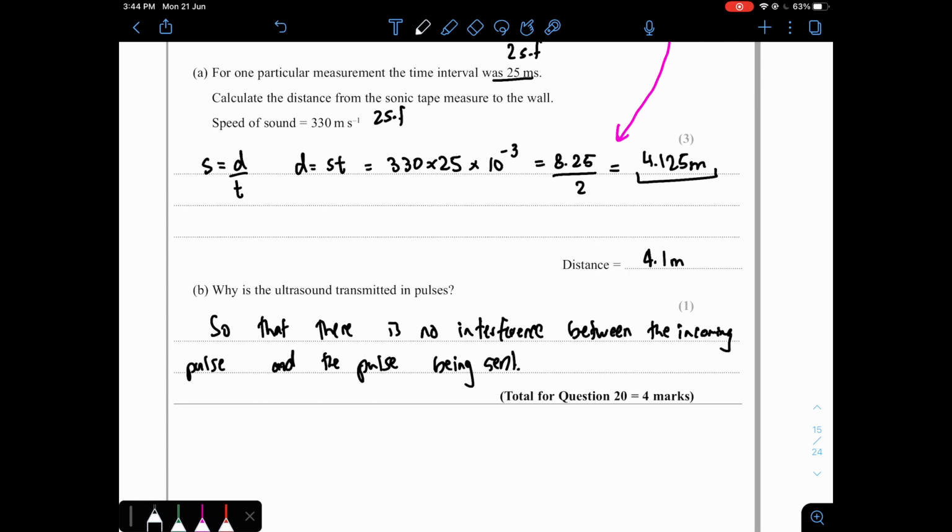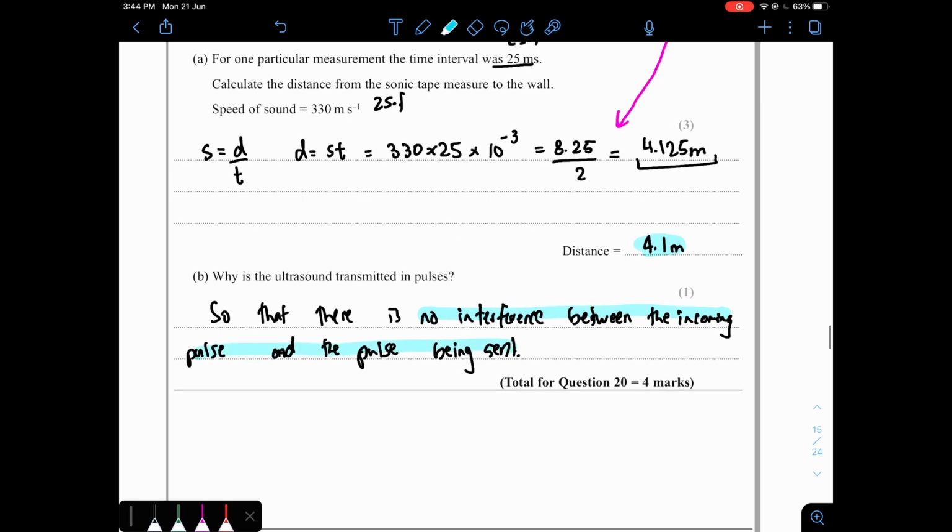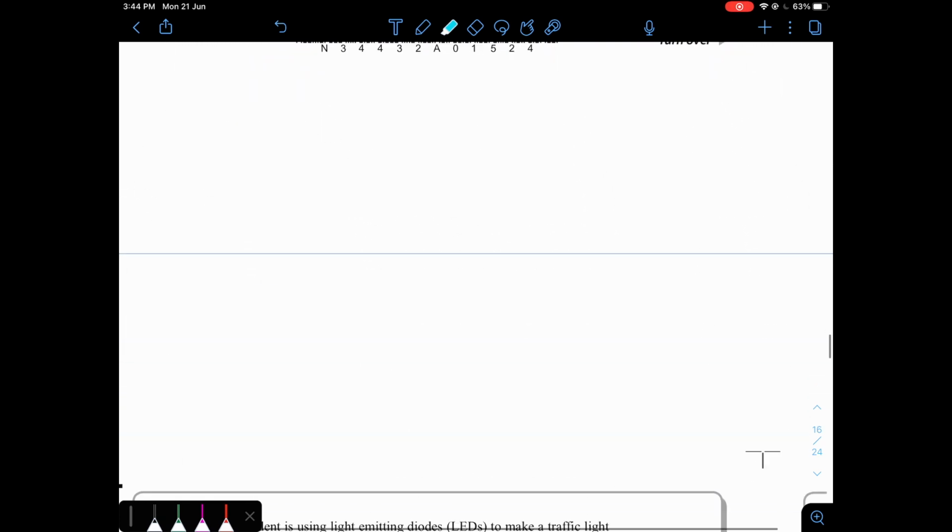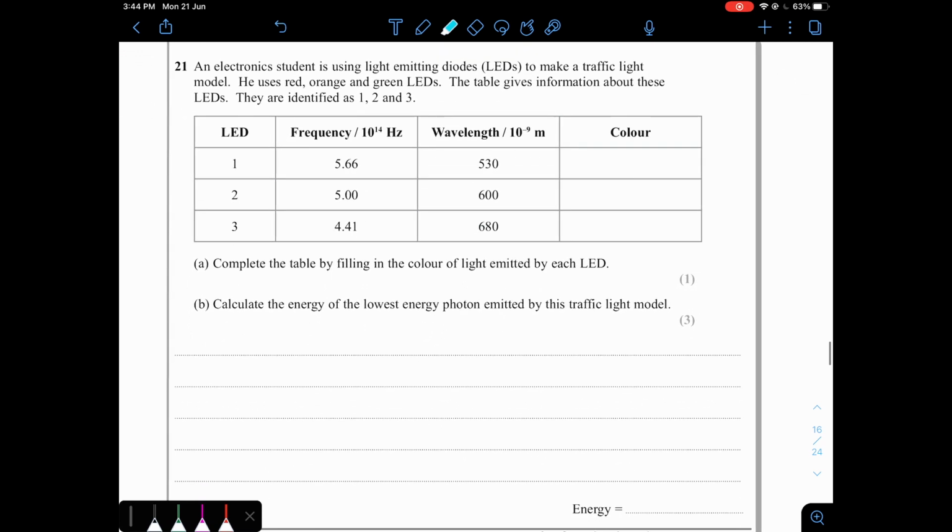You can also talk about that one pulse must return before the next one is sent. So the answer for this is so that there's no interference between the incoming pulses and the pulse being sent.